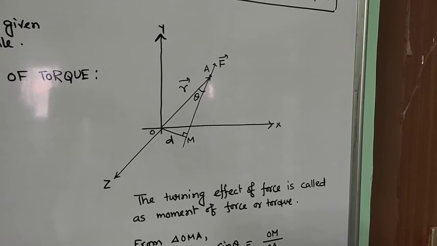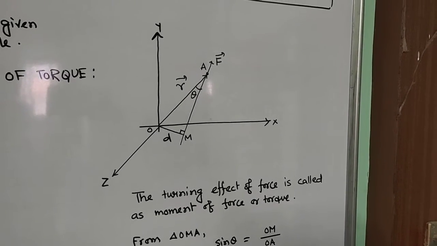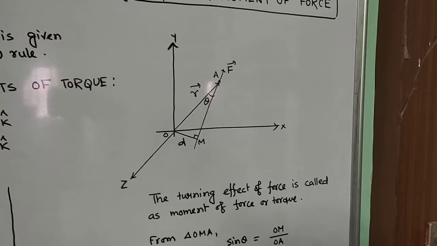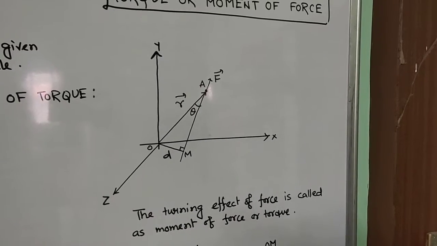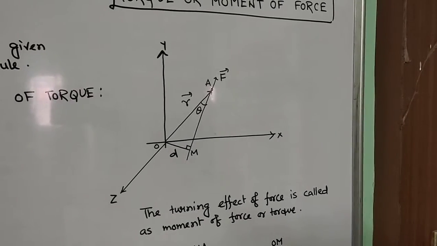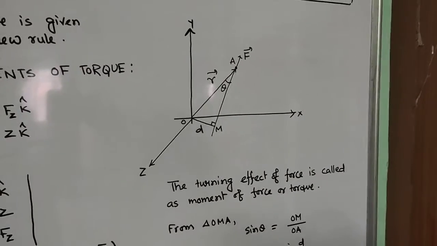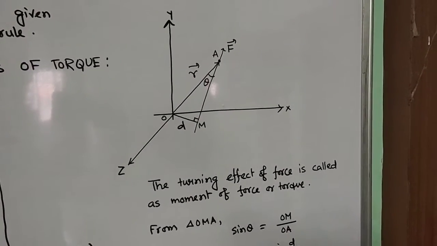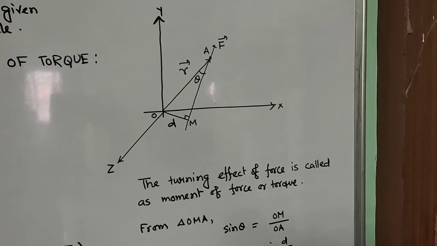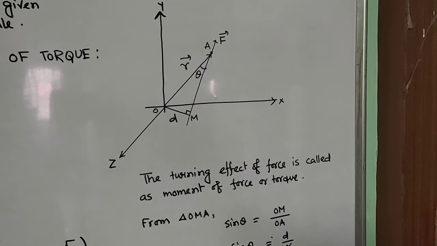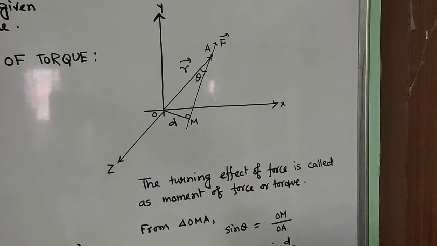The turning effect of force is called the moment of force or torque. So if some force creates some rotational impact on an object, then you can say that that is a torque. Now in the figure, in triangle OMA, sin theta is perpendicular by hypotenuse.